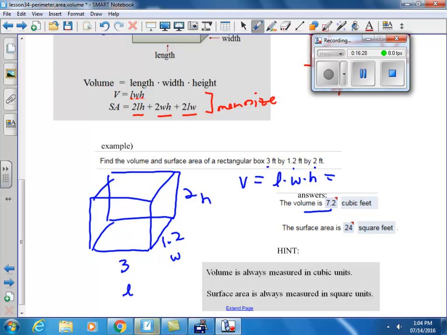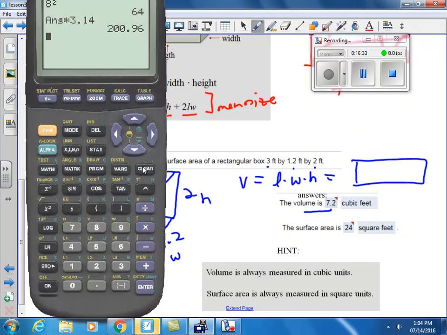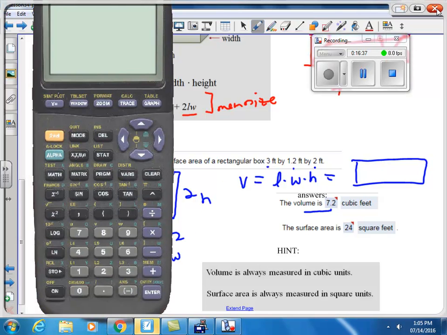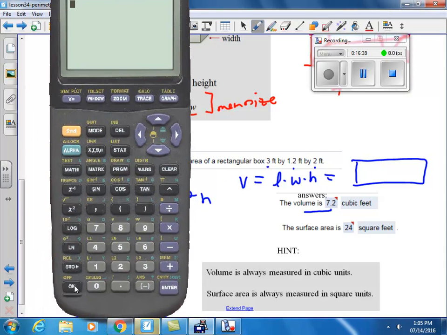So I would say volume is the easier of the 2 calculations. Let's key that in. So we're going to take 3 times 1.2 times 2, 7.2. So now we see where the 7.2 cubic feet came from.